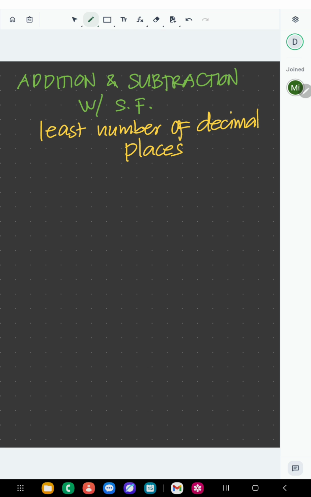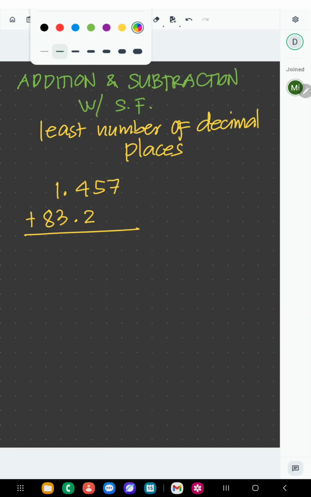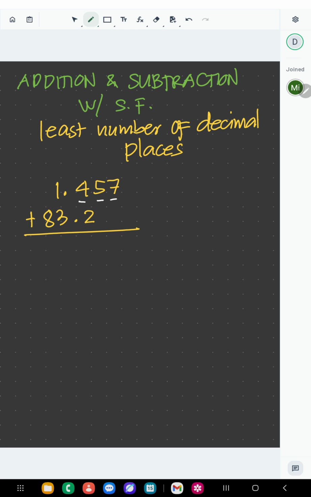Say for example, we're gonna add 1.457 plus 83.2. The first number has how many decimal places? 1, 2, 3, right?